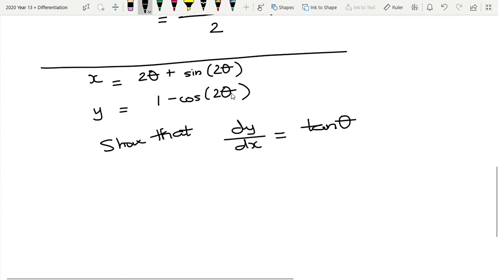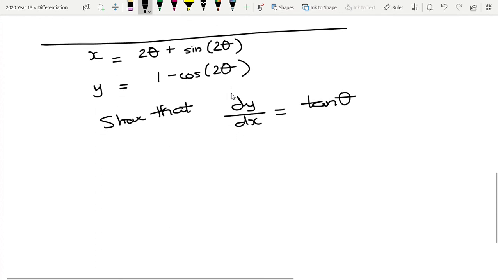Now we want precisely the same technique, and we can go ahead and find the solution. We will find dx over d theta, because I'm trying to differentiate x with respect to theta. So I'm going to do 2 here, and I'm going to use the chain rule.